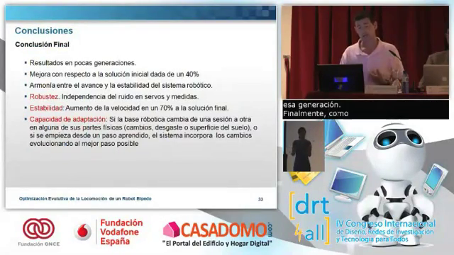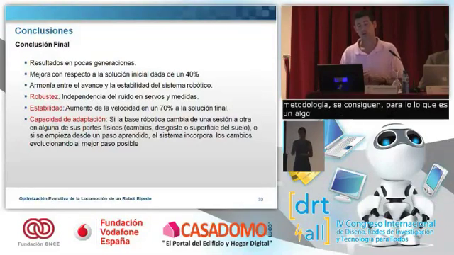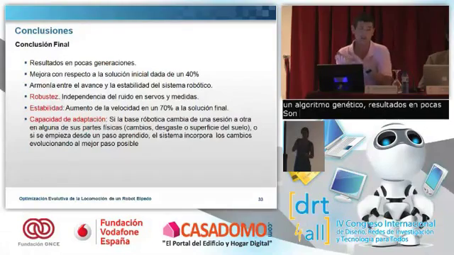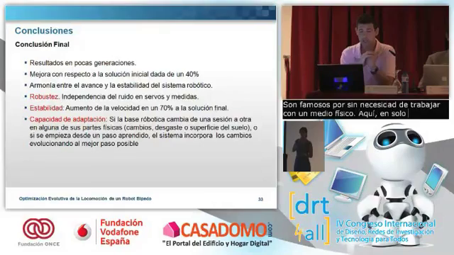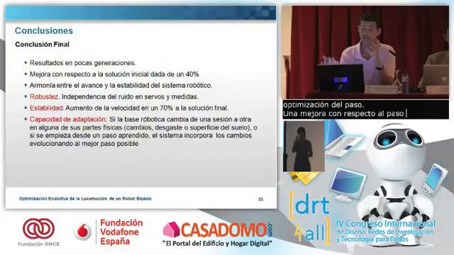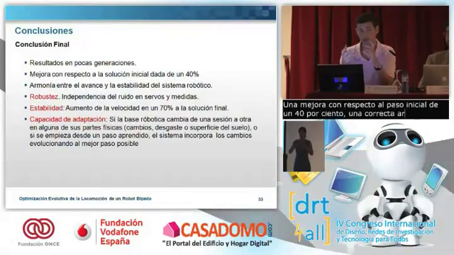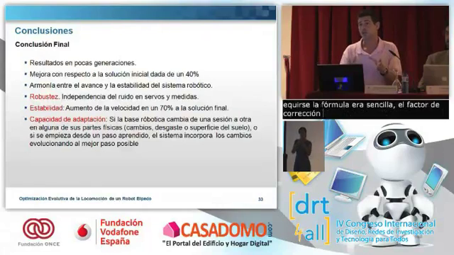So finally, to conclude on the methodology: genetic algorithms are famous because they take very long, without having to work with a physical medium. Here, in only 30 generations, we were able to optimize the step. It's an improvement of 40% of the step, with a certain harmony between progress, the movement forward, and stability of the system.